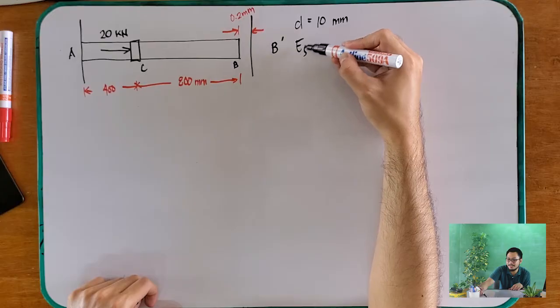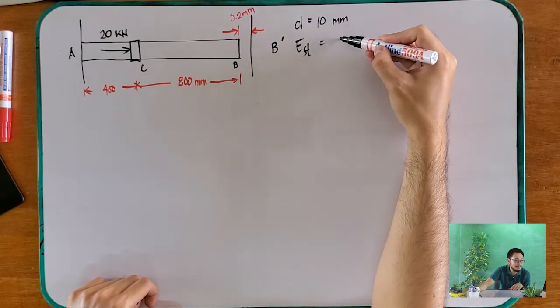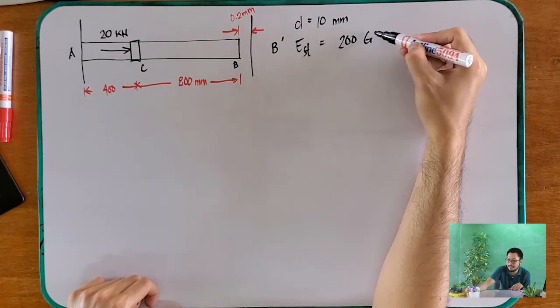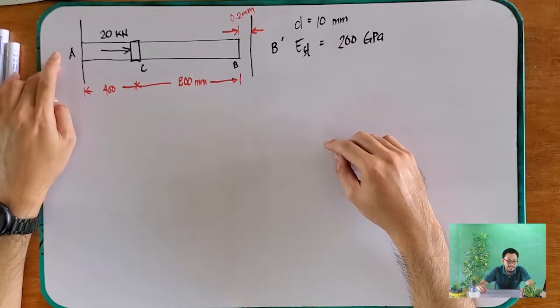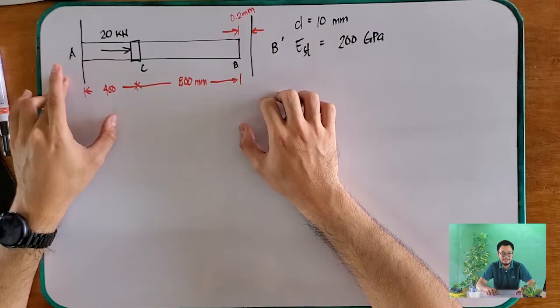And the modulus of elasticity of our steel is 200 gigapascals. Okay? So these are the given. And again, required to solve for the forces or the support reactions at point A and B prime. So, as you can see, lahi na po ang atong compatibility equation ani. Kay, naa man siya gap.